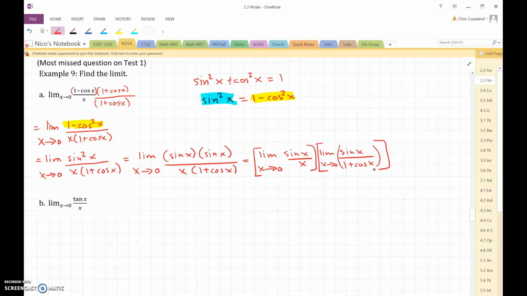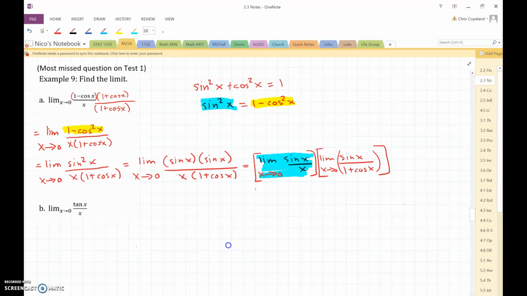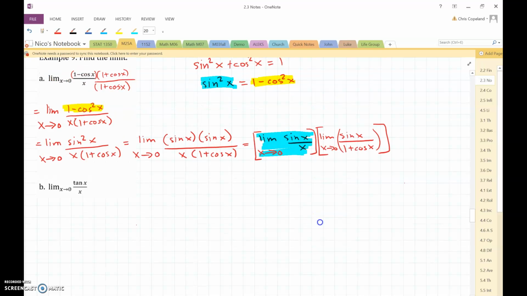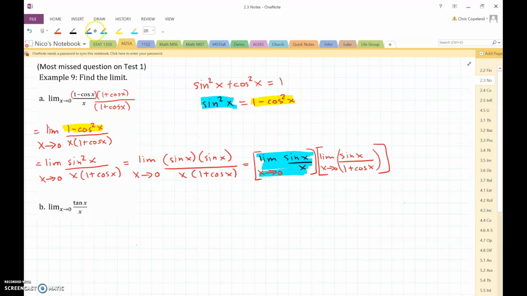This should definitely look familiar from the last problem, squeeze theorem. So we know that that's equal to 1.